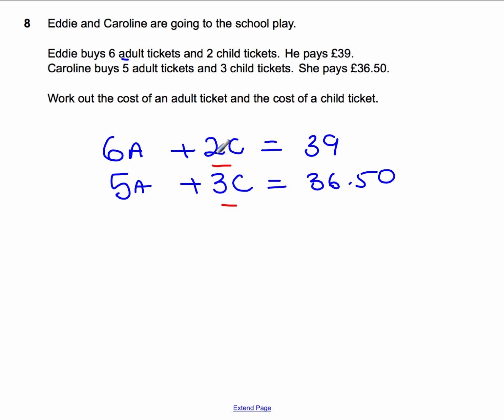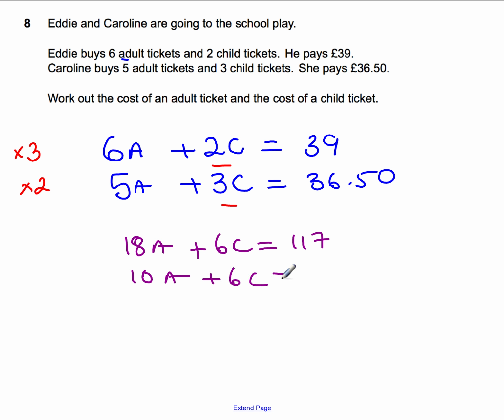I'm choosing the C's because they are lower numbers, so I'll have smaller numbers there. So I'm going to times the entire equation by 3, and I'm going to times the entire equation by 2. So what I would have are new equations, which are 18a plus 6c equals 117, and then I'll have 10a plus 6c, which equals 73.